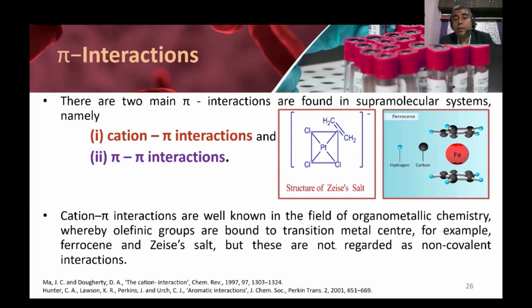There are two main pi interactions found in supramolecular systems, namely cation pi interactions and pi-pi interactions. First, cation pi interactions are well known in the field of organometallic chemistry, whereby olefinic groups are bound to a transition metal center, for example, ferrocene and Zeise's salt, but these are not regarded as non-covalent interaction.